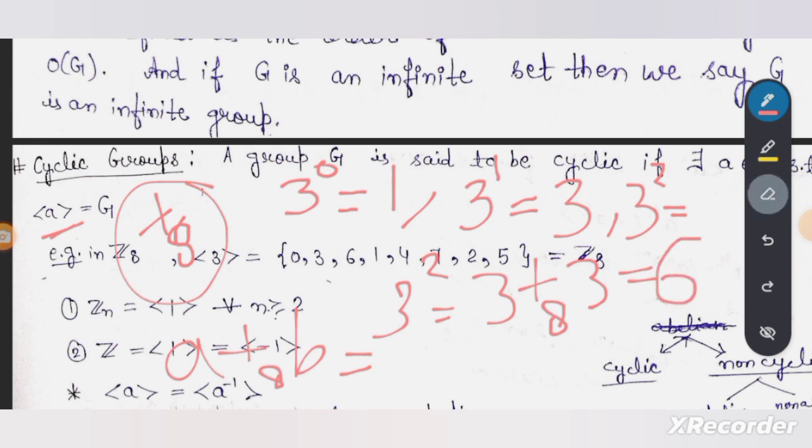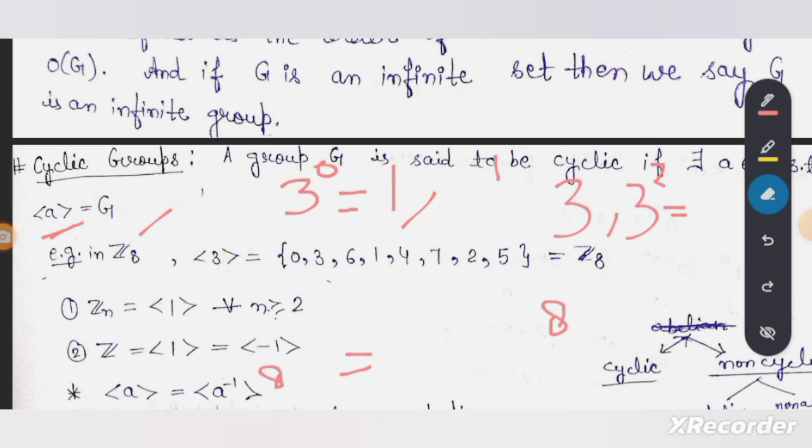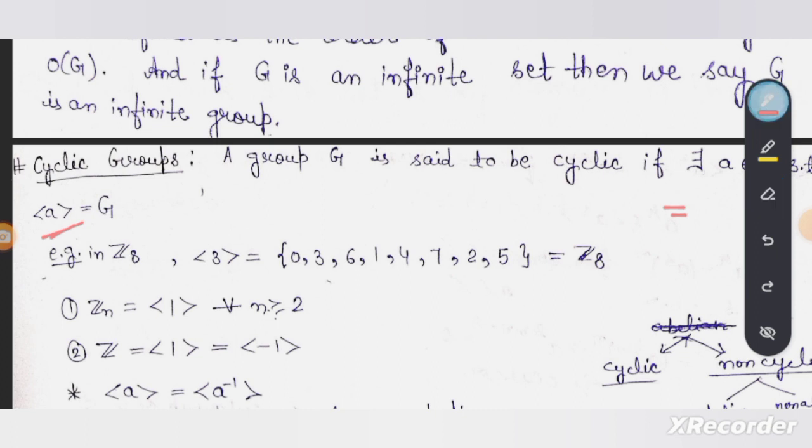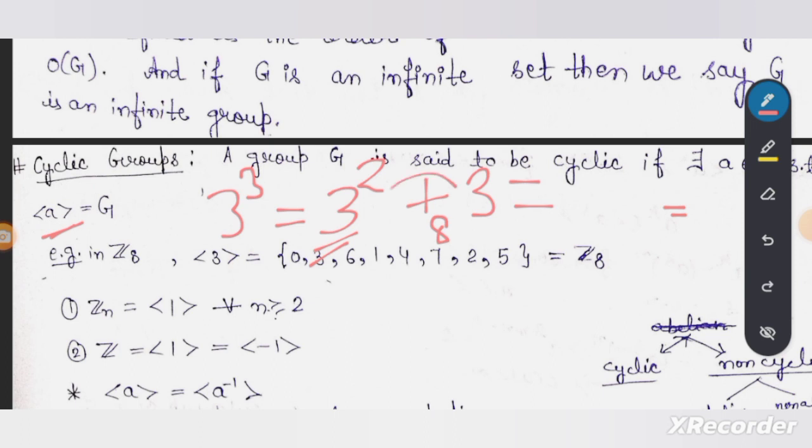Now we calculate 3 cubed. It is 3 squared plus modulo 8 3. This was 6, plus 3 is 9. What is the meaning of this operation? The result will be the remainder when 9 is divided by 8.